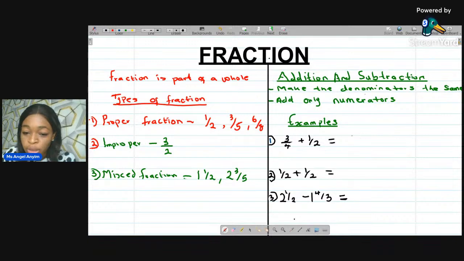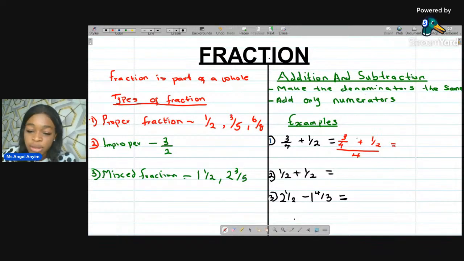So we put the LCM. Let's write out the LCM equal to 3/4 plus 1/2. The LCM is 4.